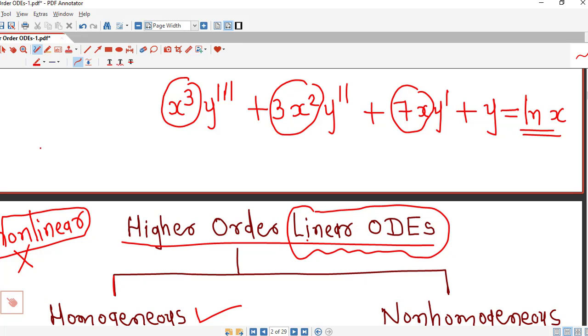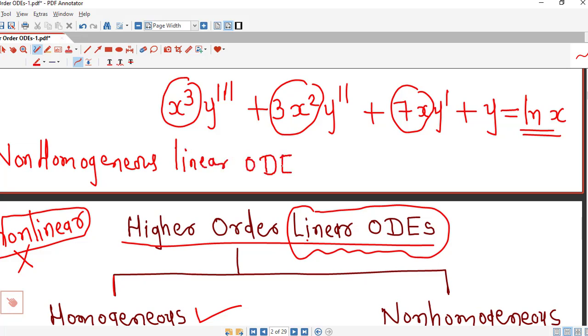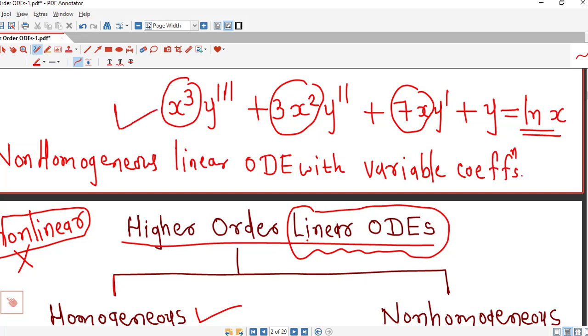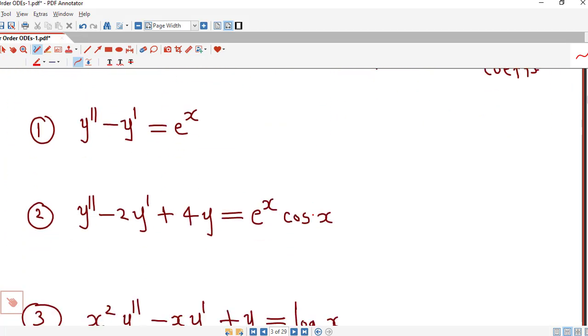So this is a non-homogeneous linear ordinary differential equation with variable coefficients. So we must be able to identify the type of given differential equation of second and higher order because the methods are different for solving different types of differential equations of second and higher order.